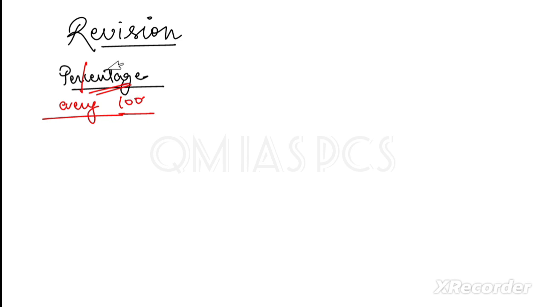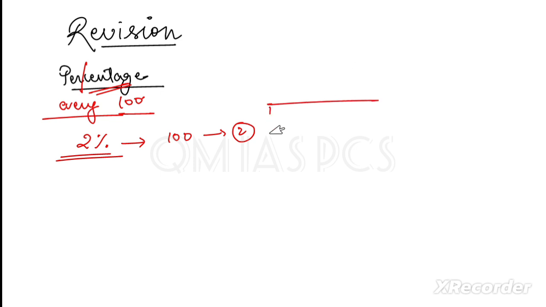For example, if 2% is given, what does 2% mean? It means out of 100 you have two things. If there are 100 boxes and you have only two, that is called 2%.